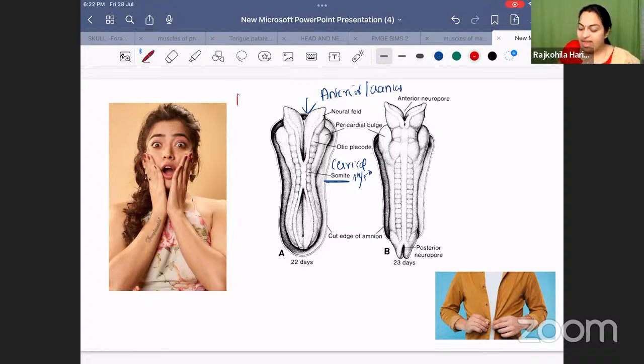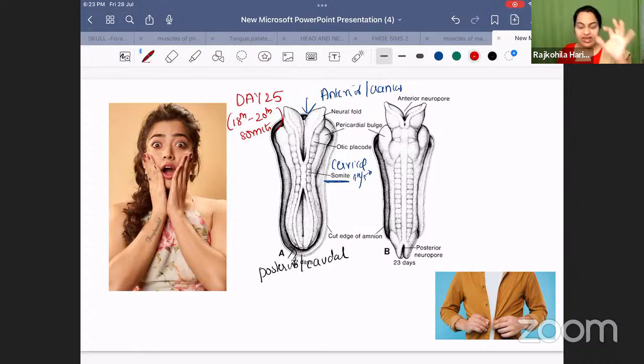Around day 25, around the 18th to 20th somite stage. And since it started in the cervical region, it takes a little bit longer for the posterior or the caudal neuropore to close.